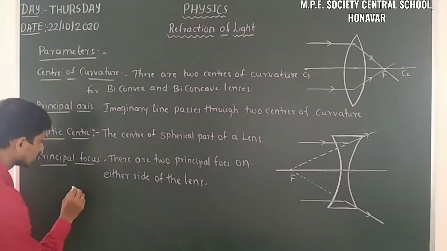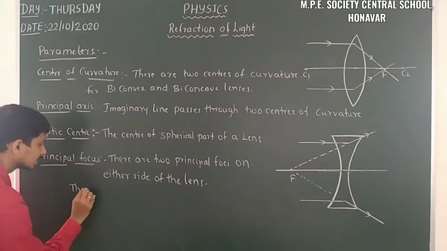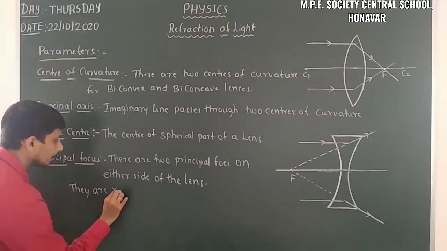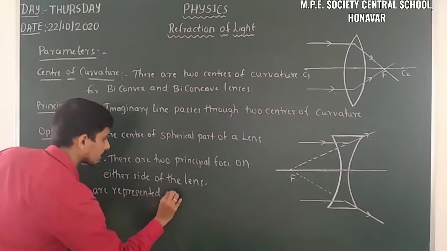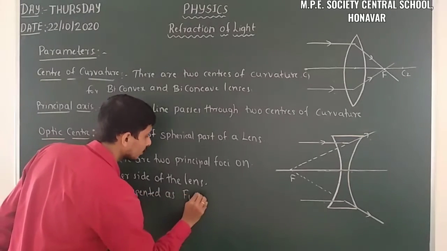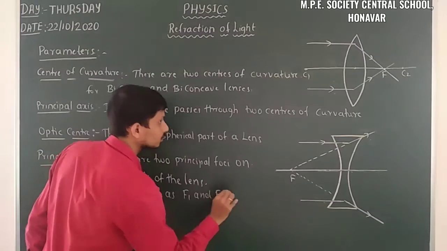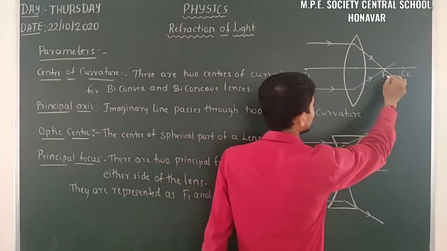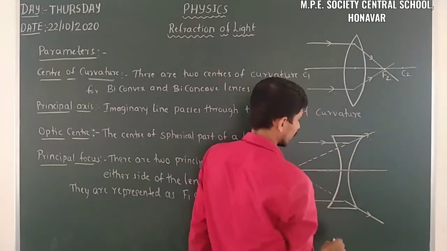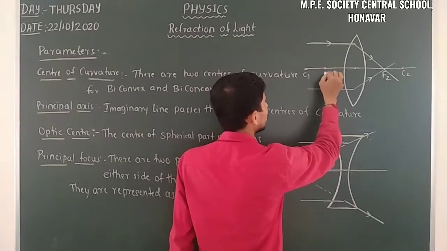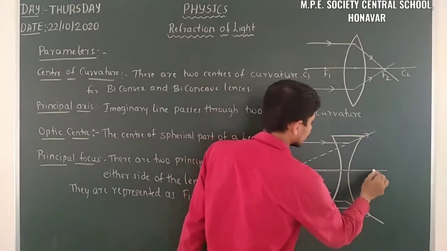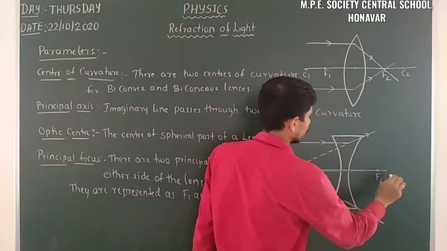They are represented as F1 and F2. On this side we take F1, and on this side we take F2.